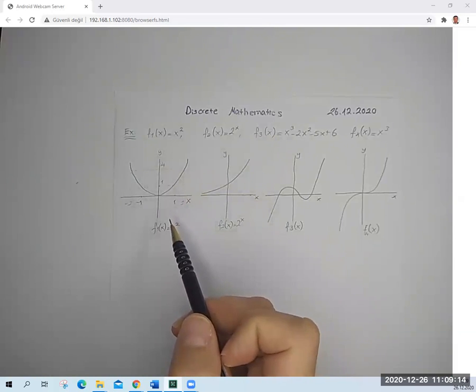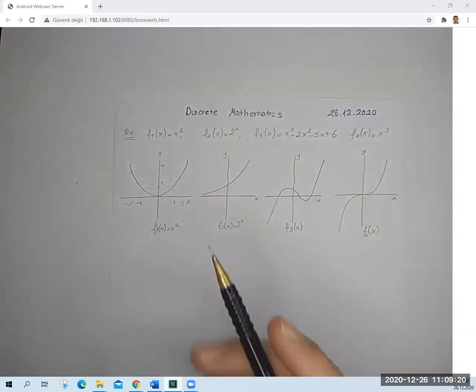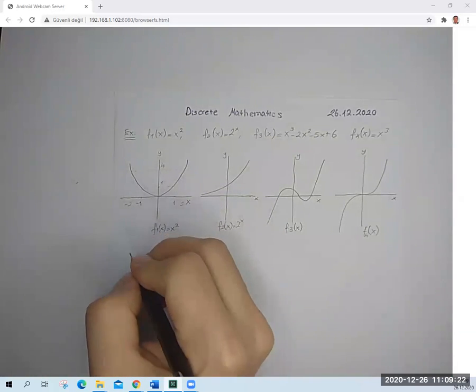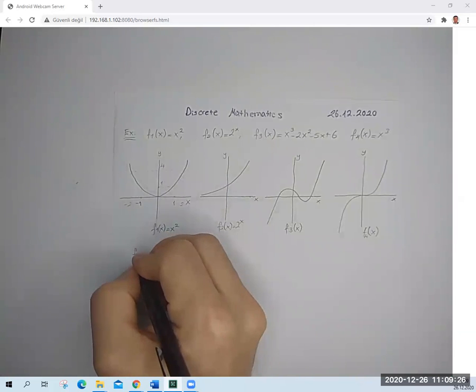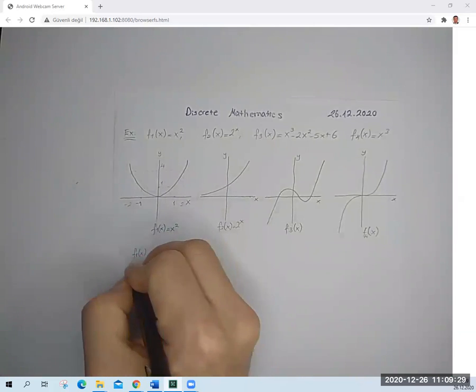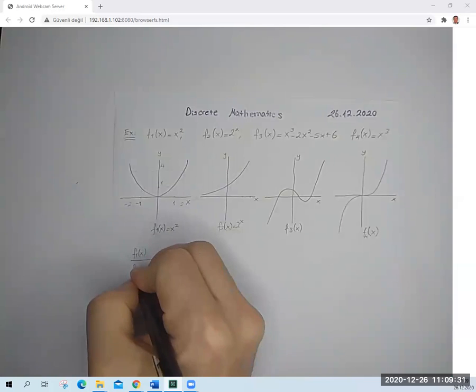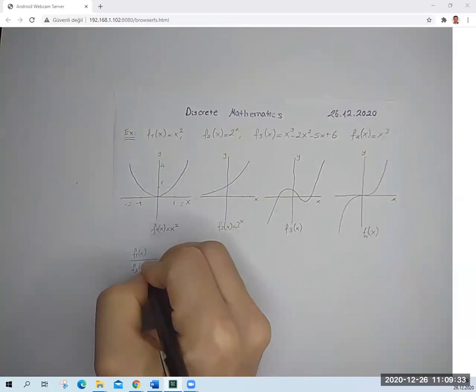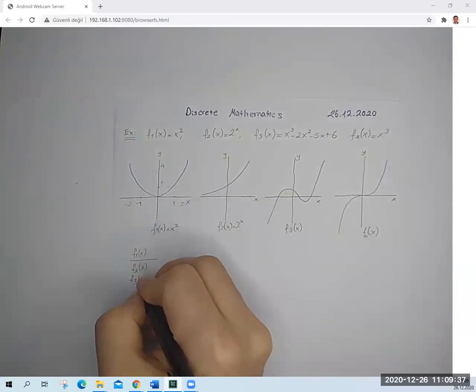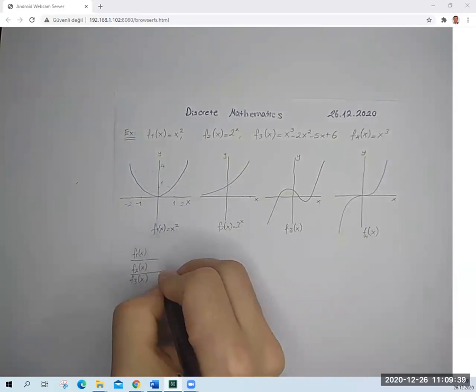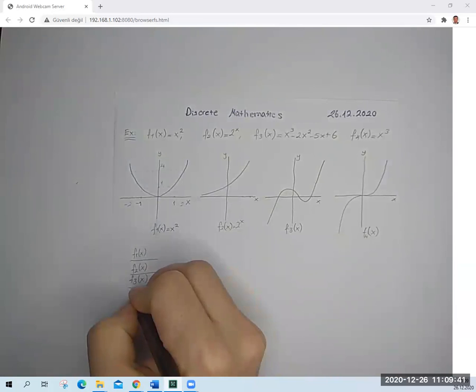So this is not one-to-one. How about onto? Do you think that this is the onto function? So we will say not one-to-one. Make a table. It is easy to write everything together. F2, F3, X, and F4.